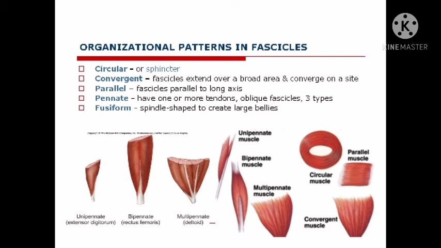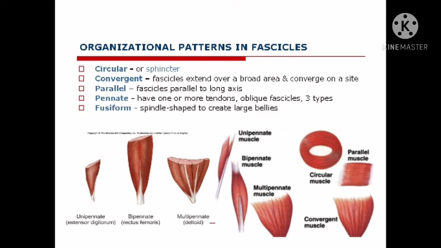The bipinnate, like the rectus femoris muscle. Rectus femoris we will study later on in the special study of the lower limb. We will see the rectus femoris muscle and then I will remind you. The multipinnate is the deltoid muscle.